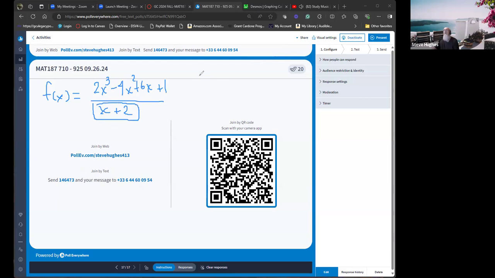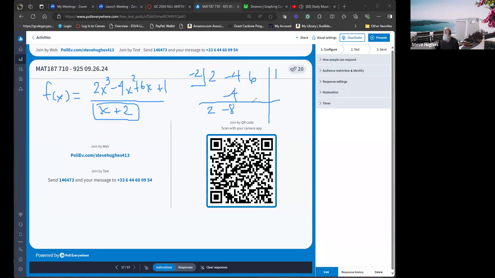All right, so you could just go up here. You could say, what makes this 0? It's negative 2. All right, you could put in here 2, negative 4, 6, 1, bring the 2 down. Negative 2 times 2 is negative 4. Add, you get negative 8.